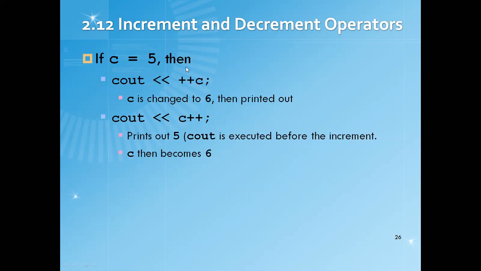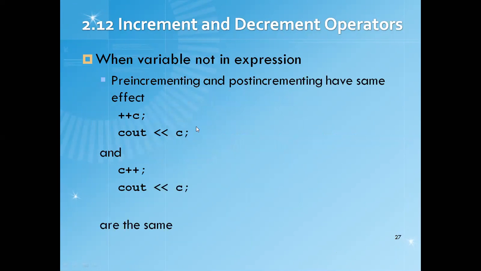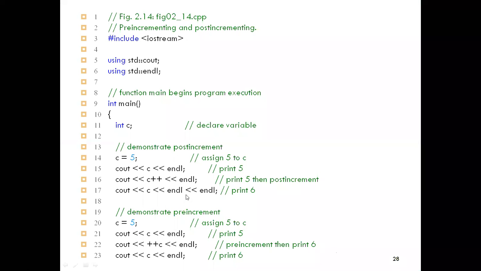So there is a bit of difference between the pre-increment and the post-increment. Same things you can do this way. You can give C first the value 5. You can do this exercise by yourself. Here is one example: give 5, then just print out C. After that, what is C++?